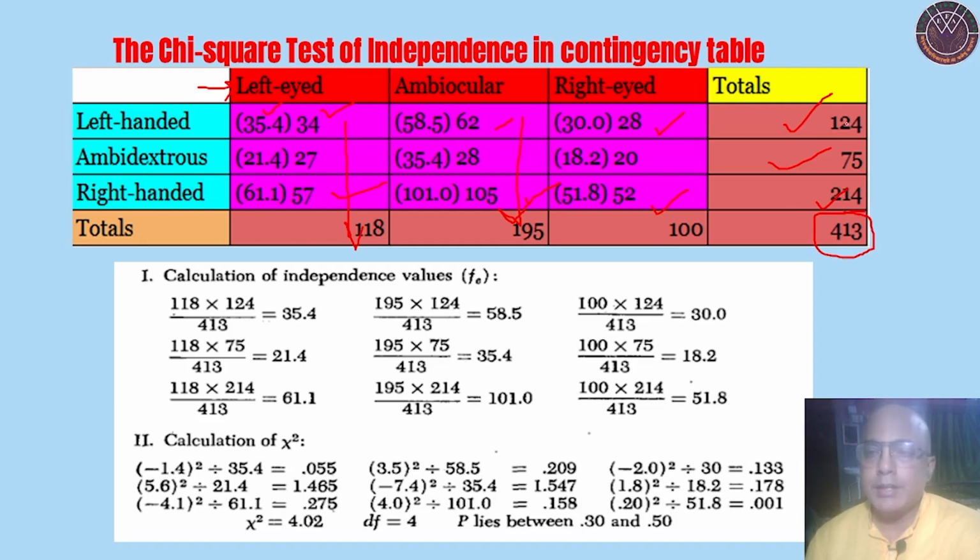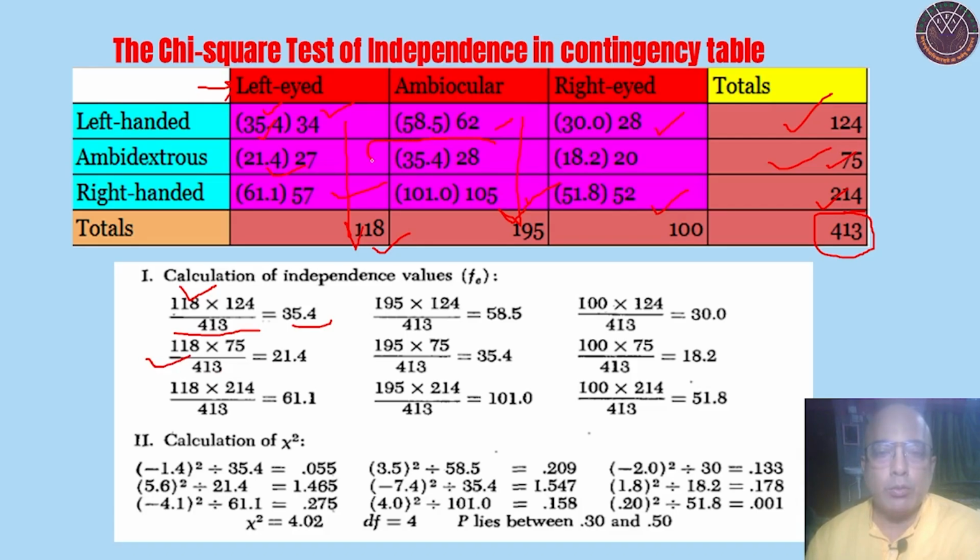So 118 multiplied by 124 divided by 413 gives the expected value, 35.4. Now for left-eyed persons who are ambidextrous, the column total is 75 and the row total is 118. So you multiply 75 into 118 divided by 413, and in this case you get 21.4.